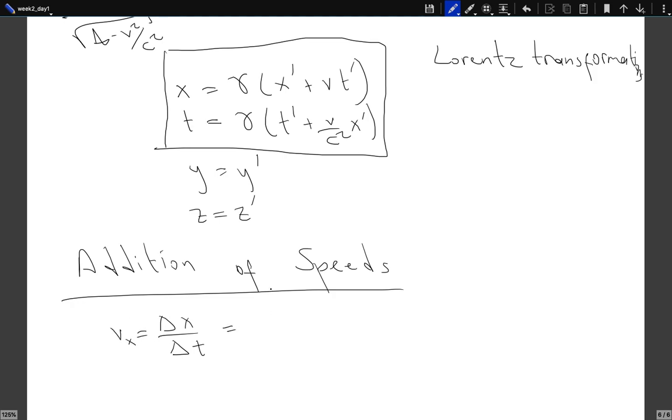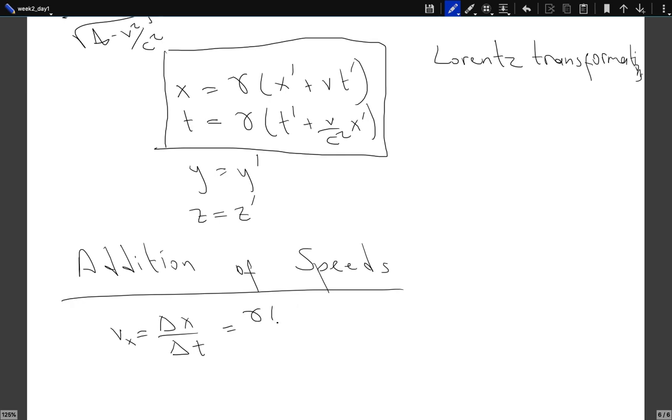If we just look at this gamma factor, assuming that we are following an object, we have two events: we measure its position at one time, and we measure its position at the successive time. So we have this delta t, this delta x. This delta x will be related to delta x prime and delta t prime in the other reference frame by that relation over there.